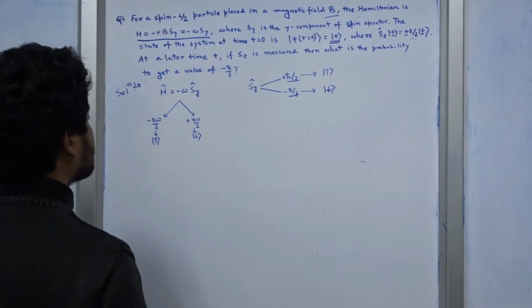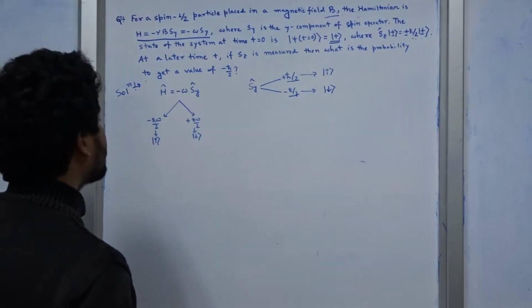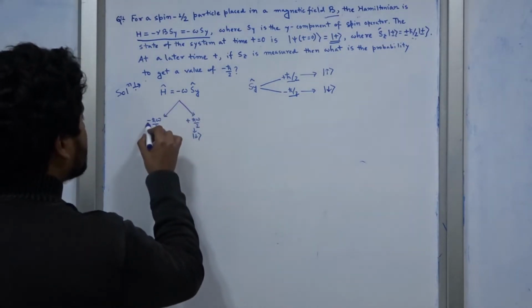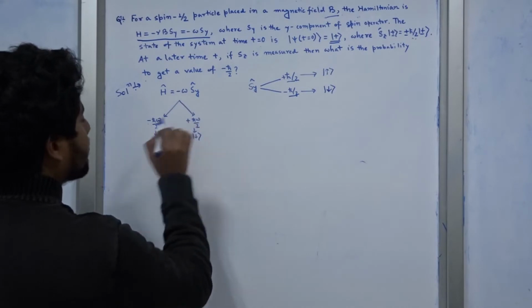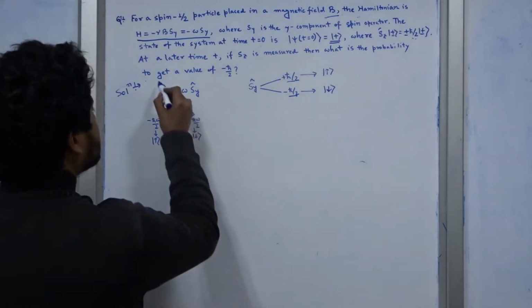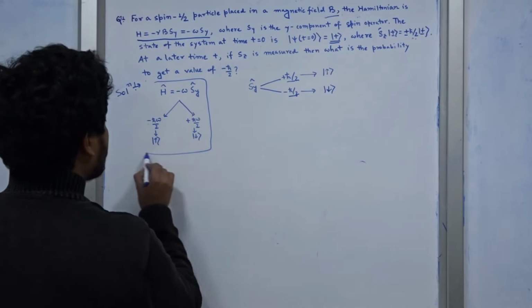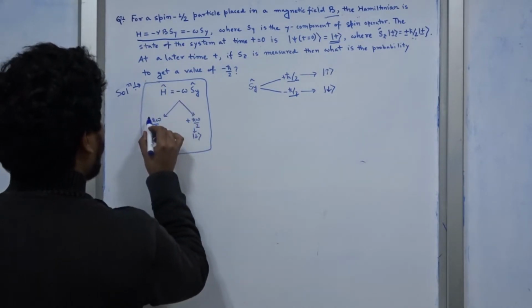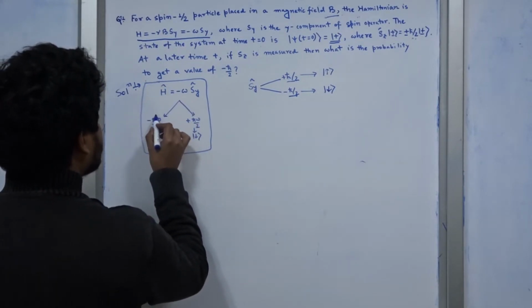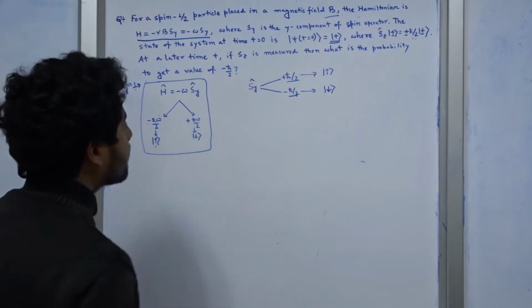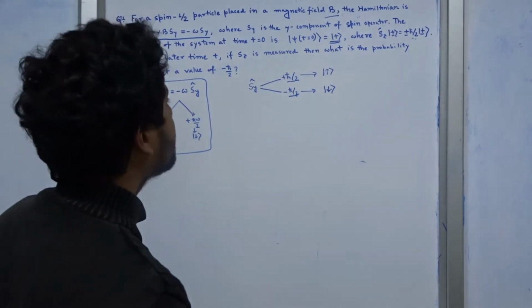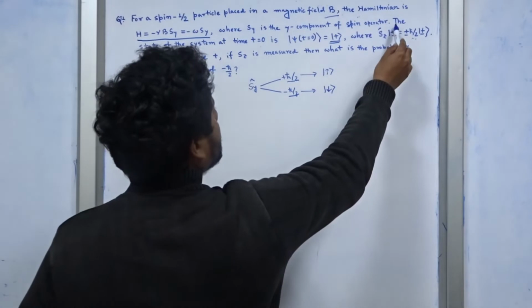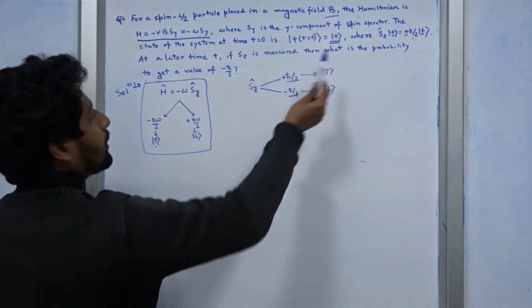These are the corresponding eigenvectors or states. Here an extra minus will come because of this minus sign, and it gets plus. So this is my Hamiltonian eigenvalue and eigenstate, eigenvalue and eigenstate. Fine. Now we have all the information about the Hamiltonian.